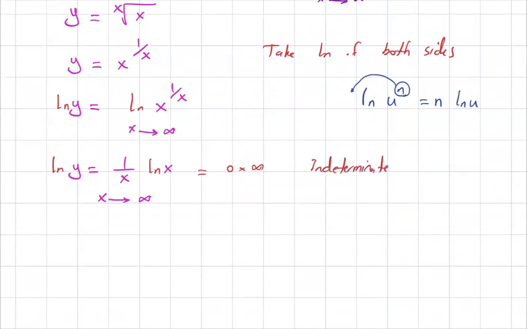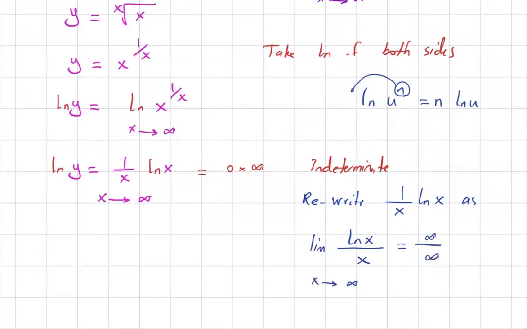So our goal is to rewrite 1 over x times ln of x as ln of x divided by x. So when x goes to infinity, you get infinity over infinity. Now you can apply L'Hopital's rule.